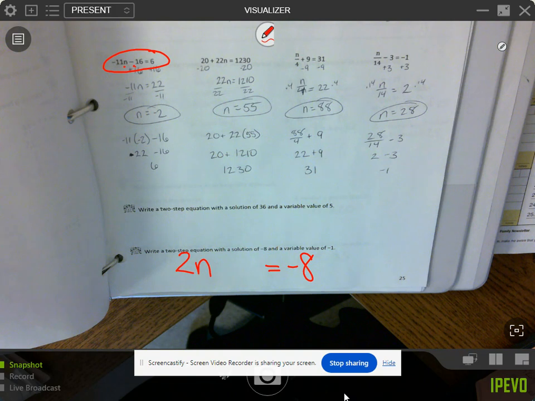What is 2n? 2 times -1. Oh my goodness, friends. What is 2 times -1? Ava? -2, yeah, -2. Right? So I know that's going to be -2.